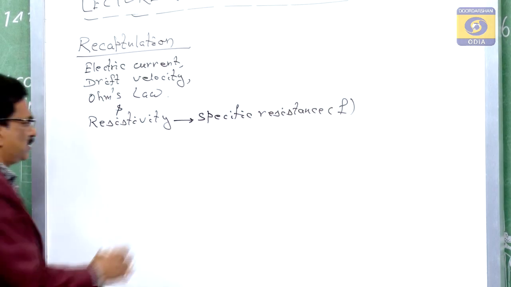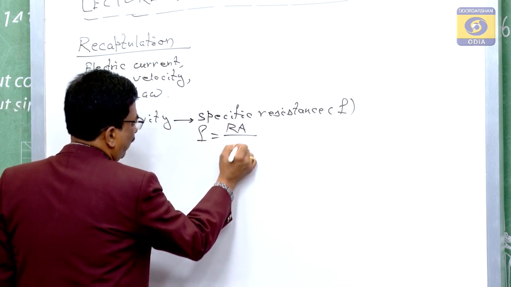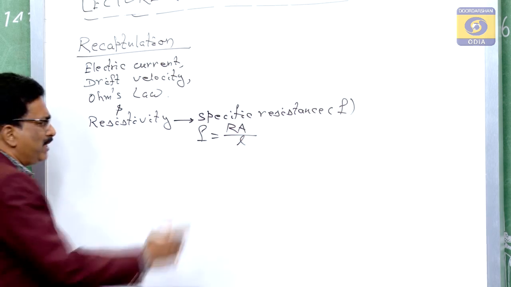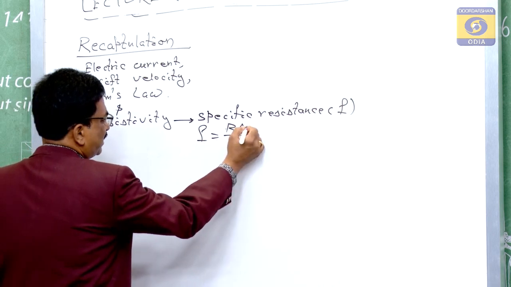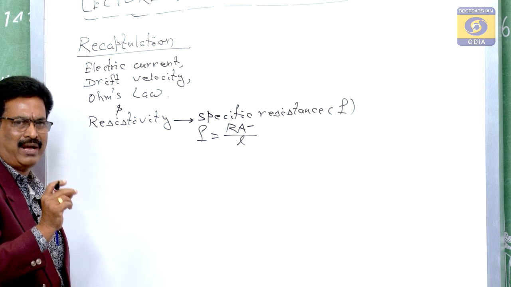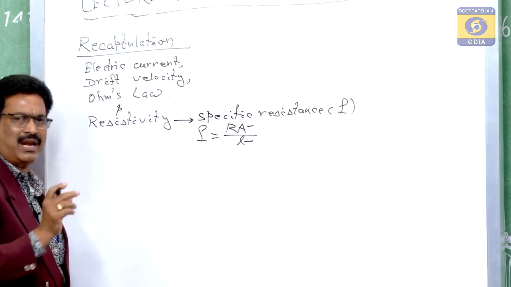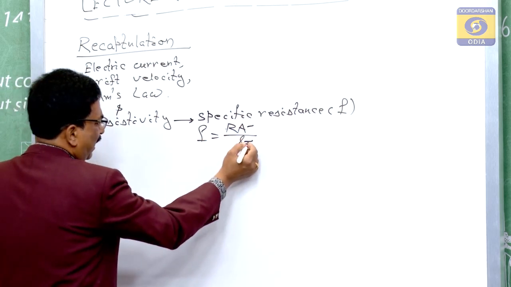According to that, rho equals R A by L, where R is the resistance, A is the area of cross section of that conducting wire or substance, and L is its length. So, rho equals R A by L.